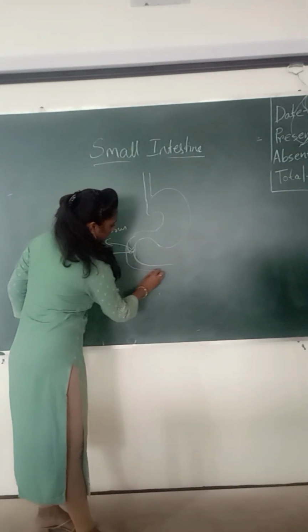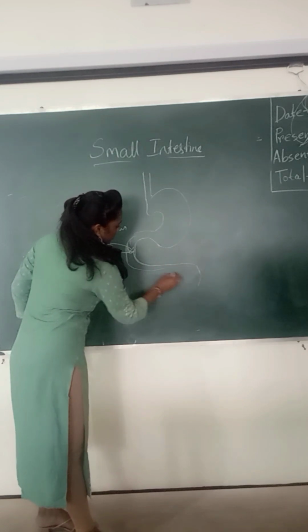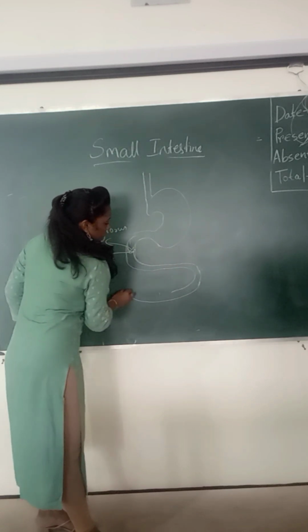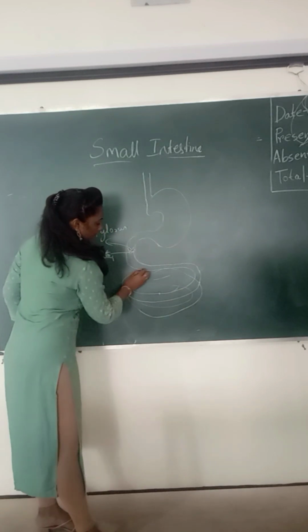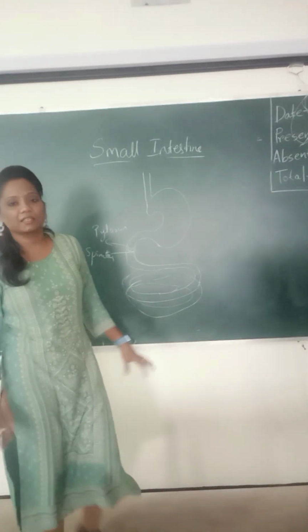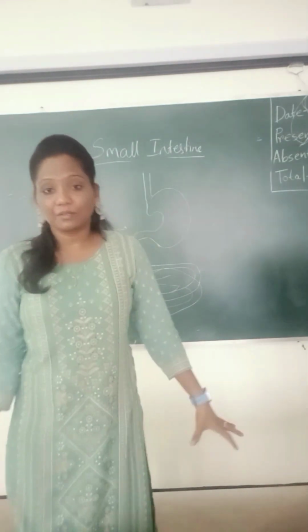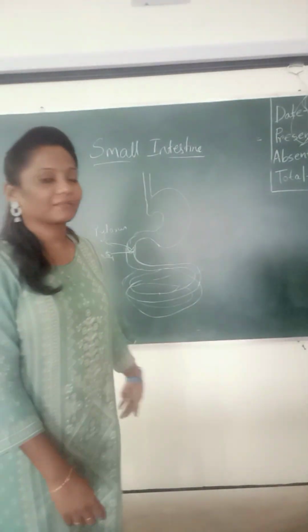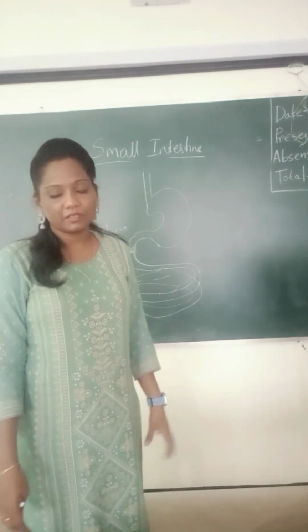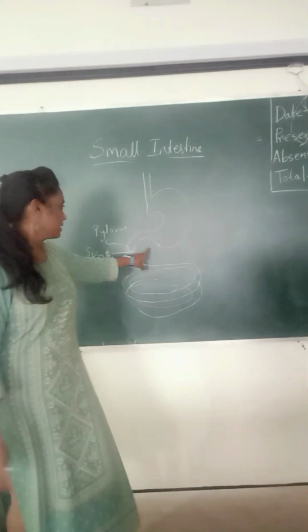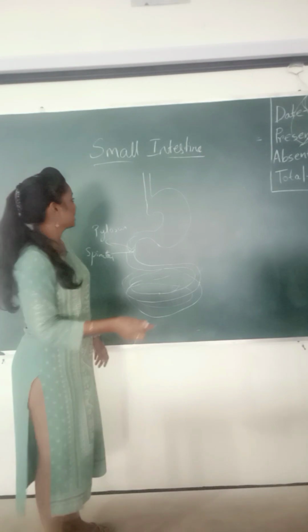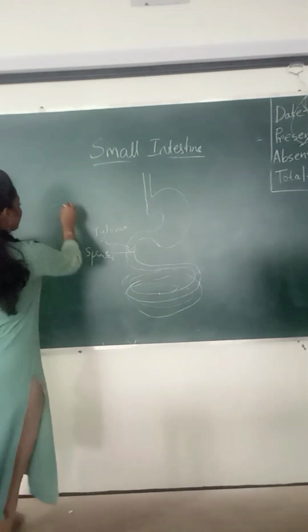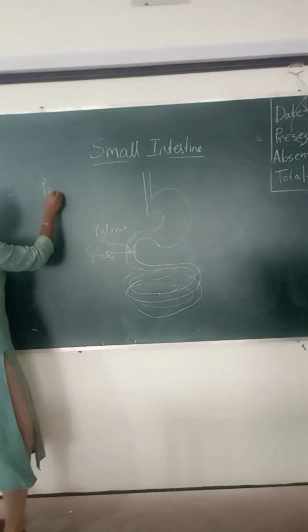And the diagram looks like this. Here you can see a lot of foldings, and it is the longest part of the intestinal part. When you see, there are three important parts. When I am presenting the diagram, I am trying to give the content also.